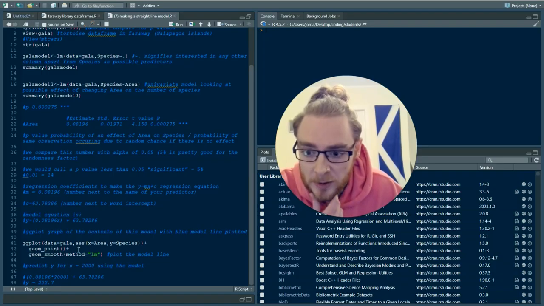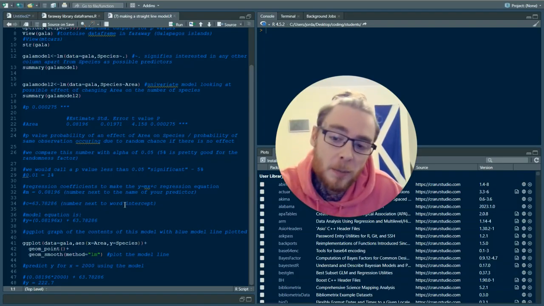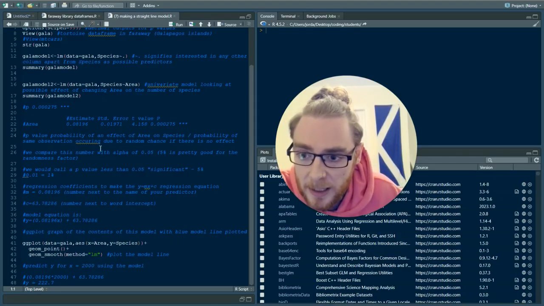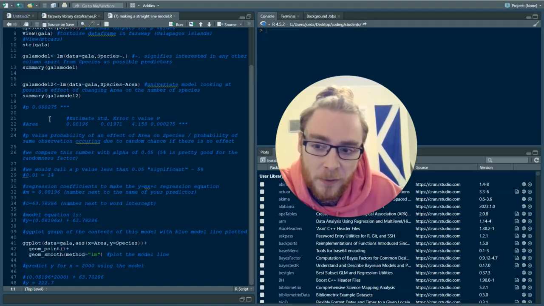And then we just went on to make a graph of that, but the important thing is that we got a p-value, and we got an estimate for area and an estimate for the intercept line. Those two estimates go into the equation.